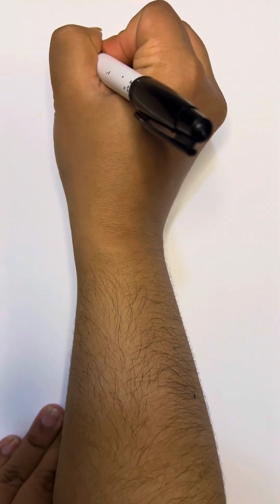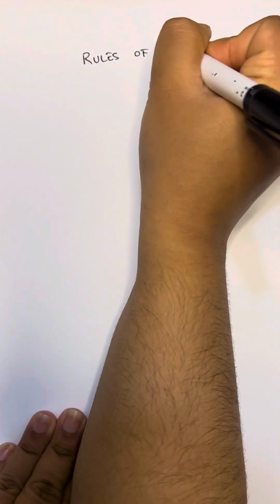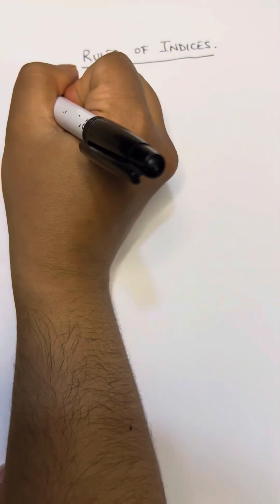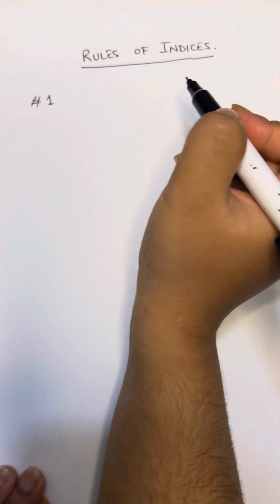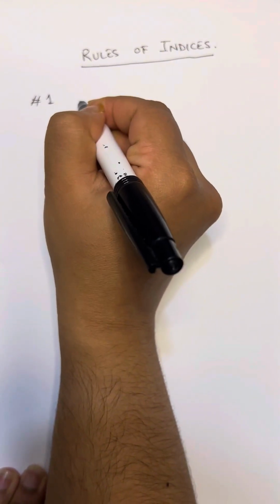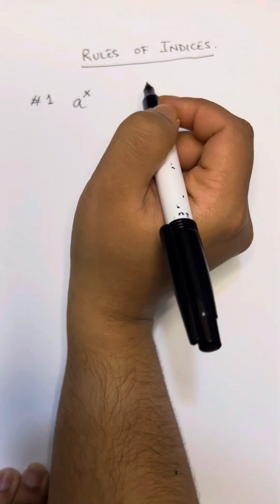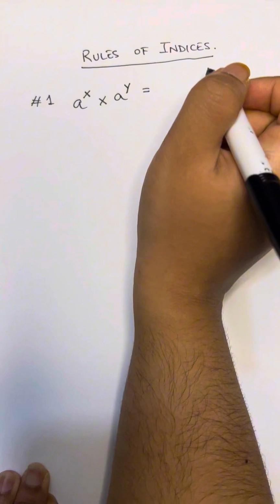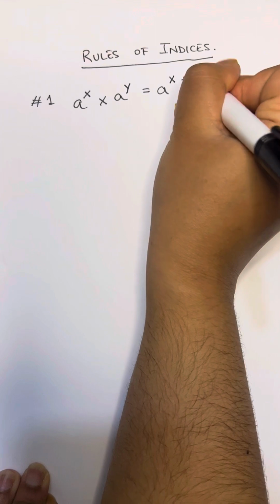So, rules of indices. The first rule is a to the power of x multiplied by a to the power of y equals a to the power of x plus y.